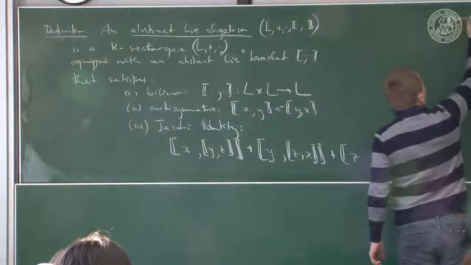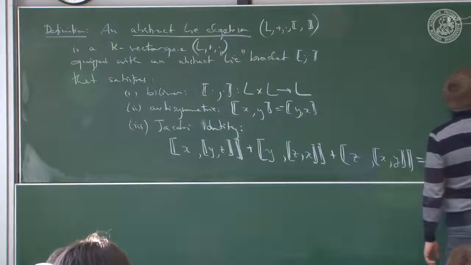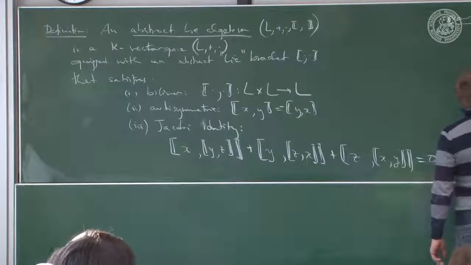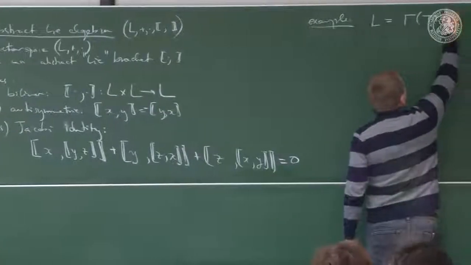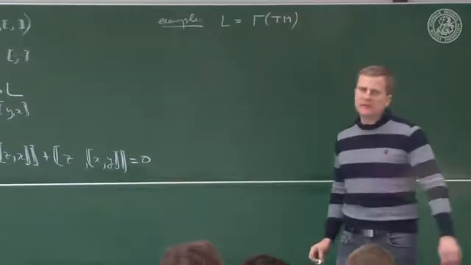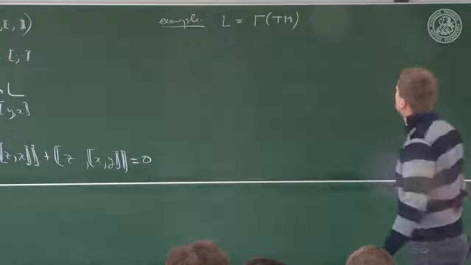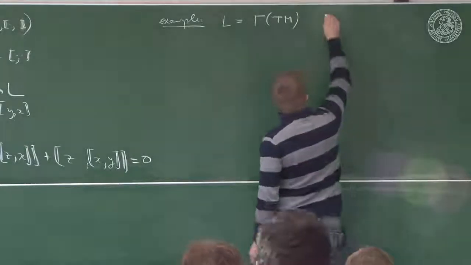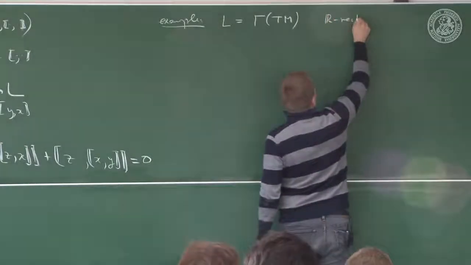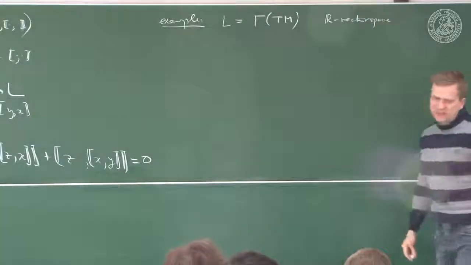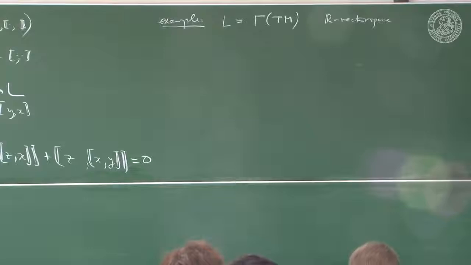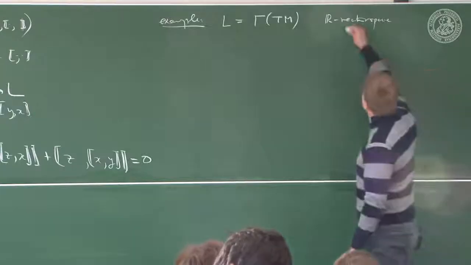Example, taking L to be all the sections of the tangent bundle of some smooth manifold, any smooth manifold. This is clearly, if it is a real manifold, an R vector space. Well, we know it's even a C infinity M module, okay? But in particular, weaker structure is that it's an R vector space.